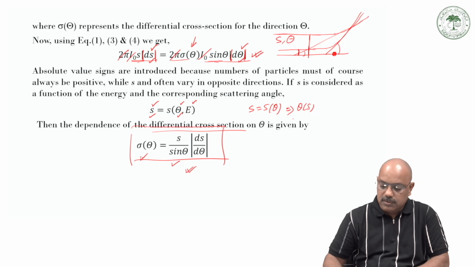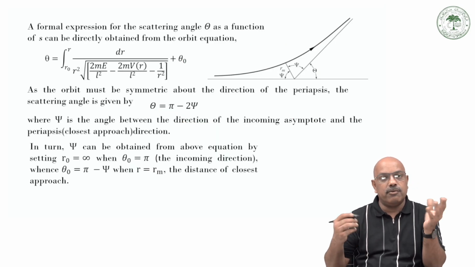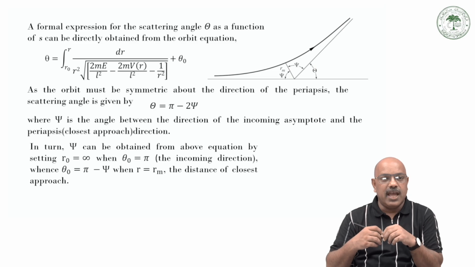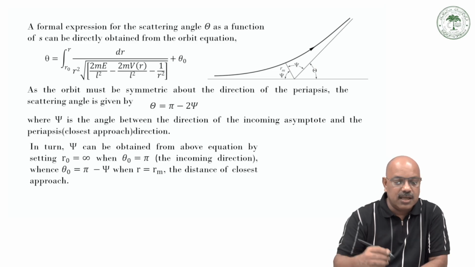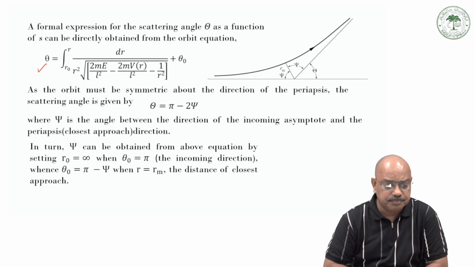So this is what we're going to write. We know that in a central force potential field, the two body interaction reduces to a one body interaction, so we have the theta expression, if you remember.